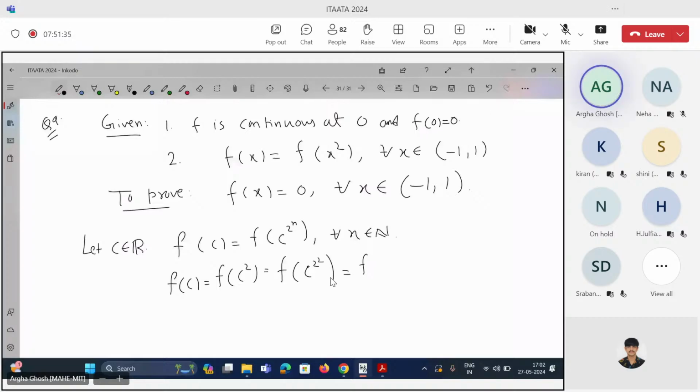Yes, that will use the fact. C square whole square, then C square whole square whole square. That is C cube. So C square whole square, this one.